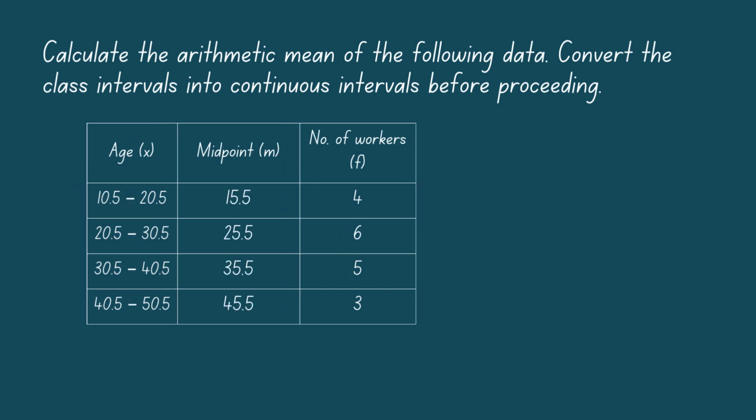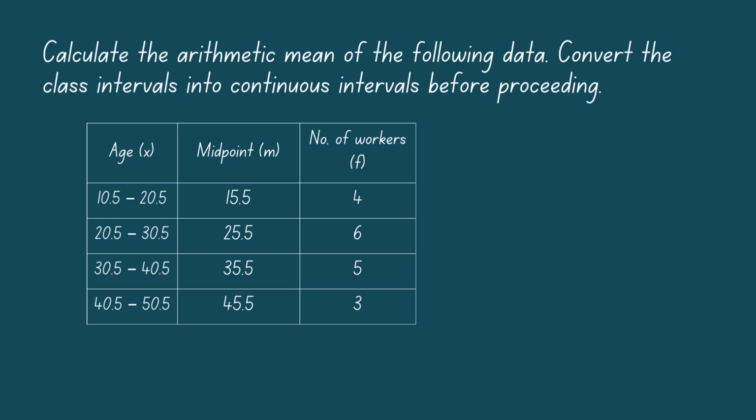So we find the midpoints using the formula lower limit plus upper limit whole divided by 2. So we have the first one 10.5 plus 20.5 whole divided by 2, which is 15.5. Then we have 20.5 plus 30.5 whole divided by 2, which is 25.5. Then we have 30.5 plus 40.5 whole divided by 2, which is 35.5.